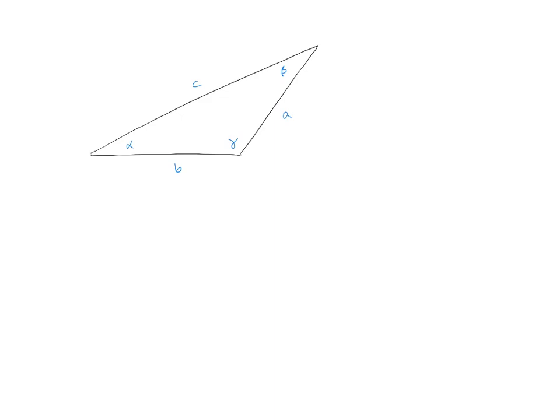Now, again, without a right angle in here, it's going to need to be solved using a different technique than we've studied in the past. So to do this, we'll create the law of sines.